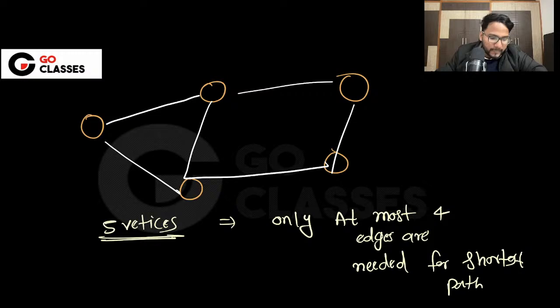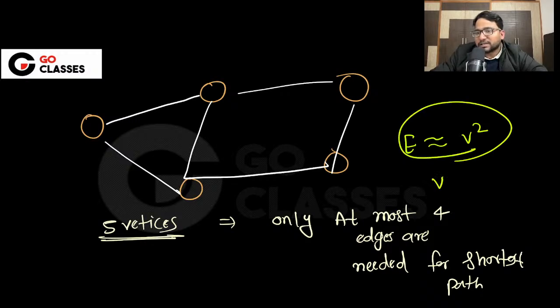Nagendra is asking about the dense graph, which means E is the same as V square. Since the time complexity is V into E, for the dense graph we will be taking V cube. That is true.